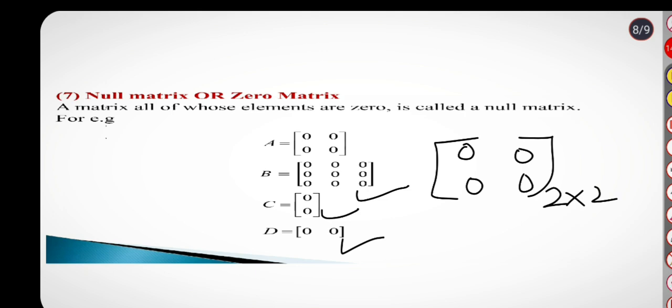Now next, this is so easy. Unit matrix, also called the identity matrix. A diagonal matrix in which the leading diagonal elements are non-zero and equal to 1 is called a unit or identity matrix.